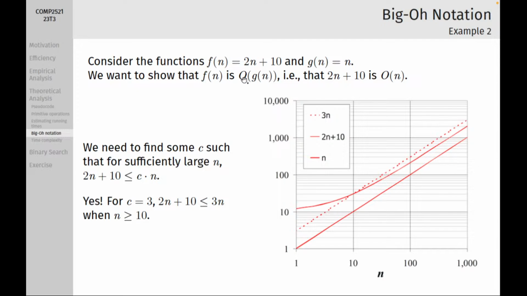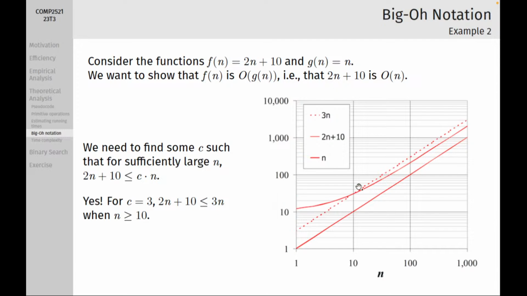We have two solid lines here. F of n is the top one. And the reason it's curved, although 2n plus 10 is a linear function, is because this isn't an ordinary graph, this is a log-log graph. So things might look a bit weird.